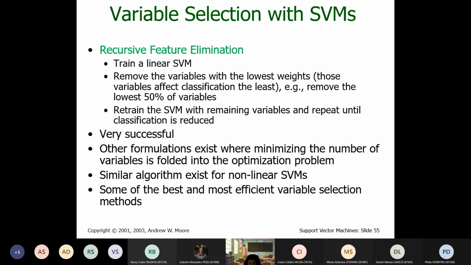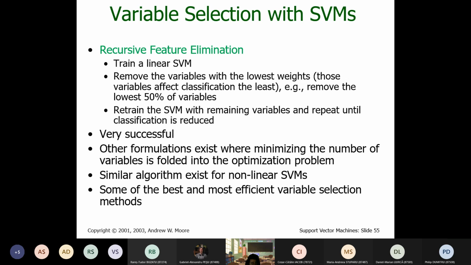This is very successful. There are some other formulations where minimizing the number of variables is also folded into the optimization problem. So instead of only minimizing the norm of the weights, W multiplied by W squared, plus C multiplied with the 1 minus Ci values, the minimization will also try to consider the number of variables.